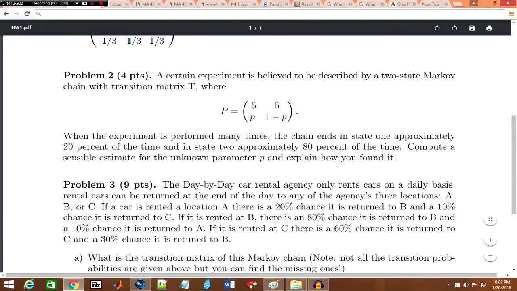a certain experiment is believed to be described by a two-state Markov chain. And what does that mean? That means this is state 1, this is state 2, like this row is state 1, and it goes from state 1 to state 1, state 1 to state 2.